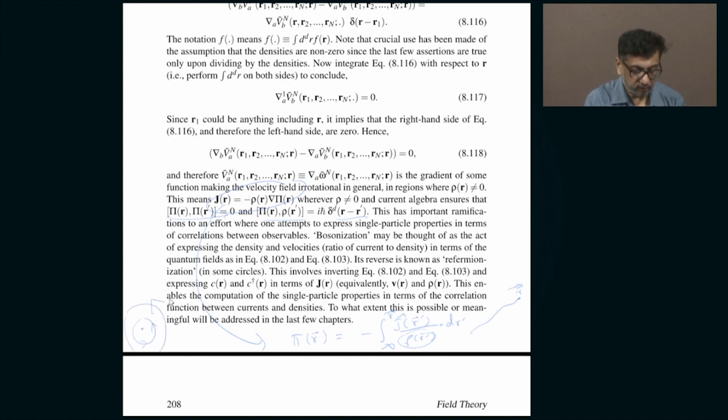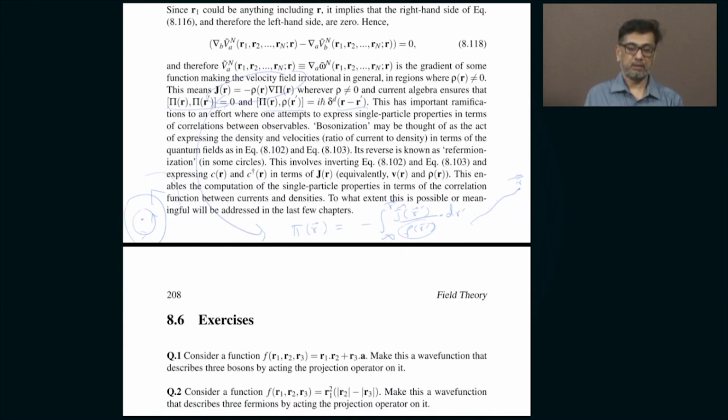So, this is basically what a vortex is. You have a core. This point where the density vanishes is called the vortex core. So, you will have circulation of fluid around that core.